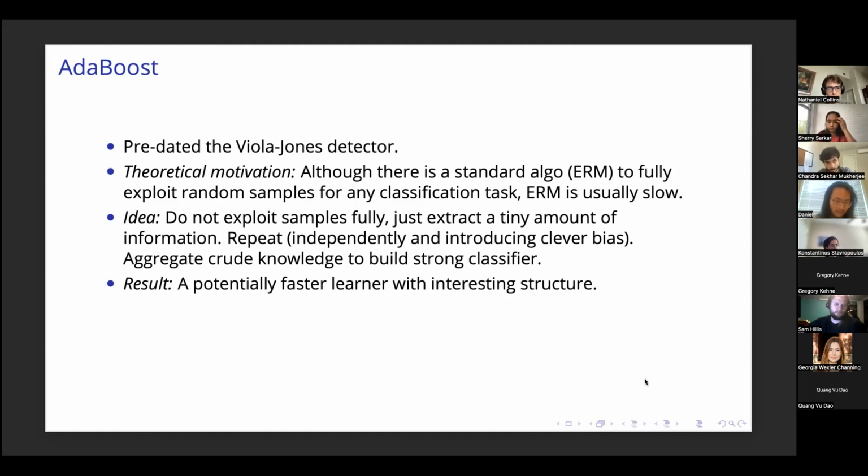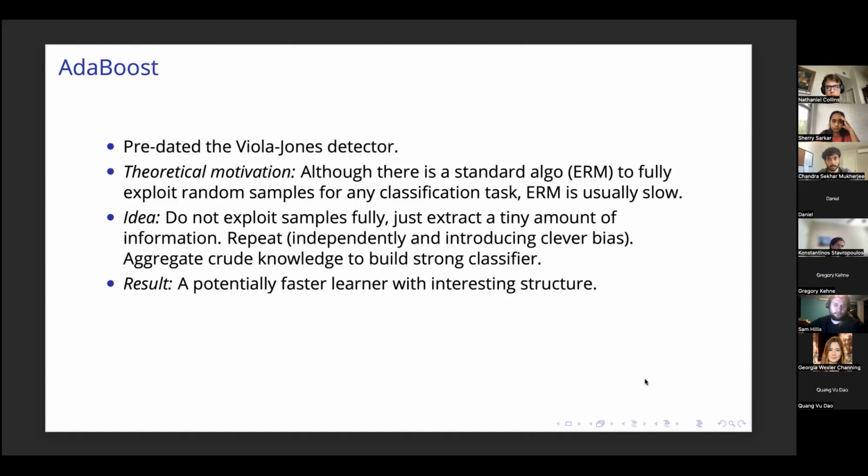AdaBoost used the idea that you run some very simple algorithms that have only a small advantage over classifying randomly, and then boost them with a very efficient procedure.